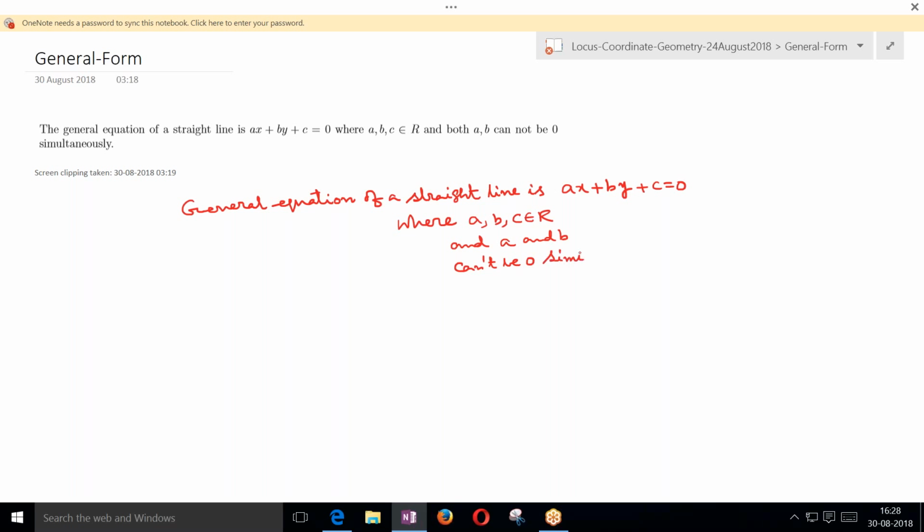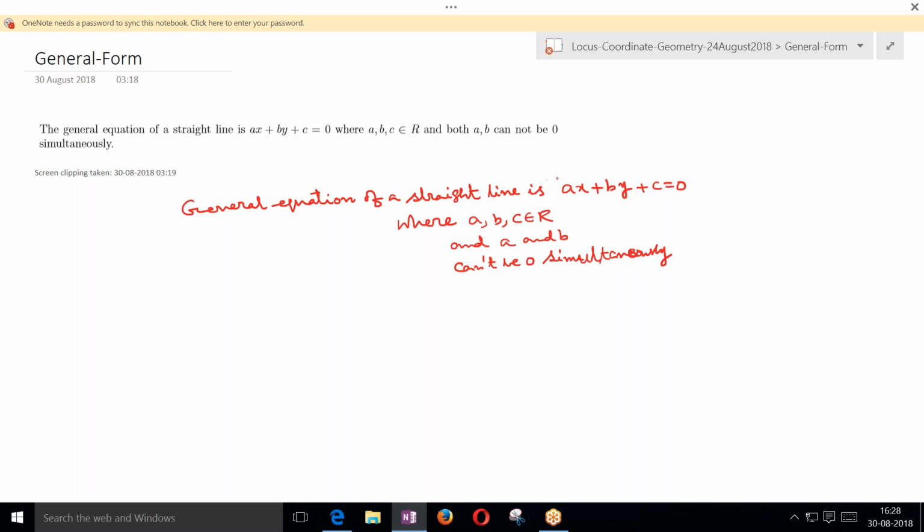That means at the same time. So now why is it known as a general form?